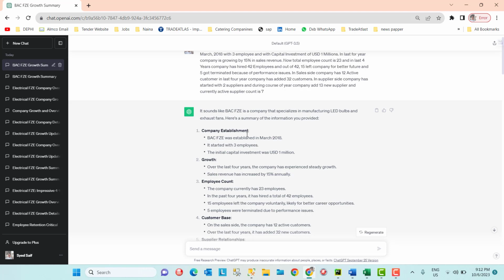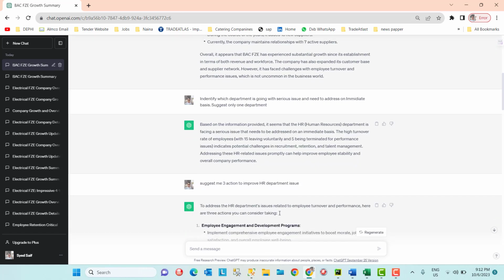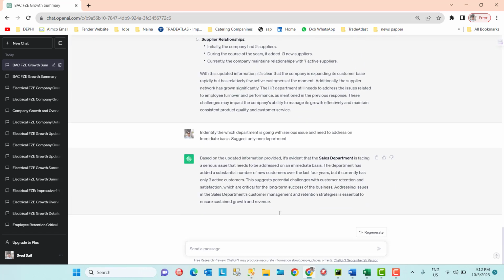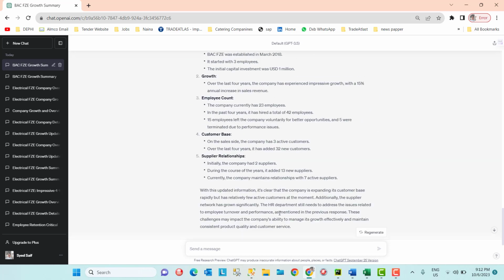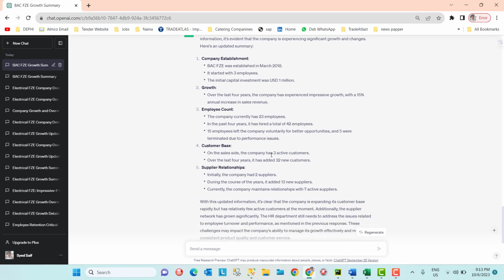Now here, when I entered it the first time, it shows the employee count. Here it said both values, 23 employees and 5 employees terminated, and here also. But here, it distinguished, so it realized that the employee problem is not a bigger problem than the customer problem.